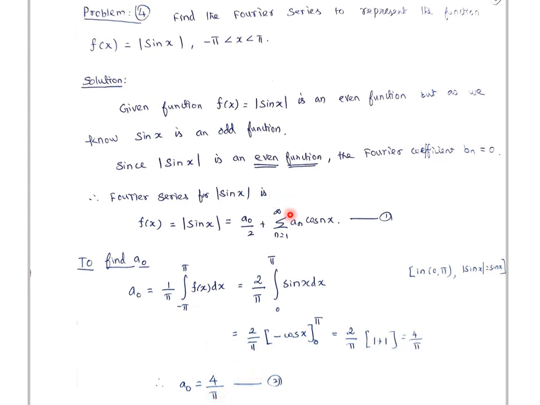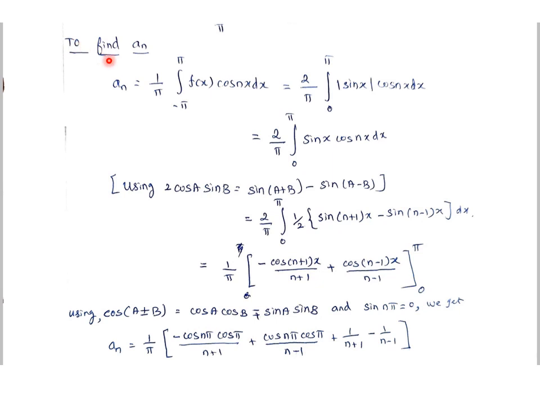Next we have to calculate the Fourier coefficient an. So, for finding an equal to 1 by pi integral minus pi to plus pi f of x cos nx dx. Here our f of x is modulus of sin x, which is an even function. Already cos nx is an even function.